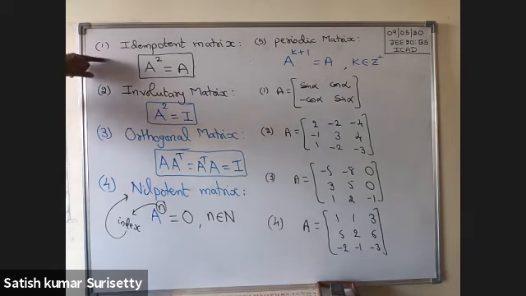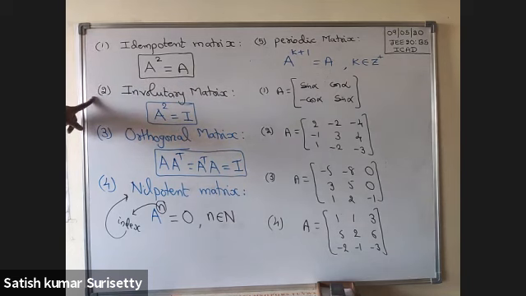You can decide either idempotent or involutory. Check A square. Are you getting A or I? So it is neither idempotent nor involutory.